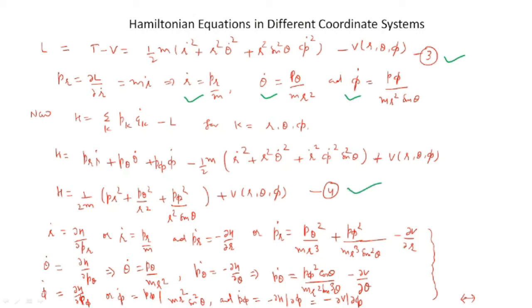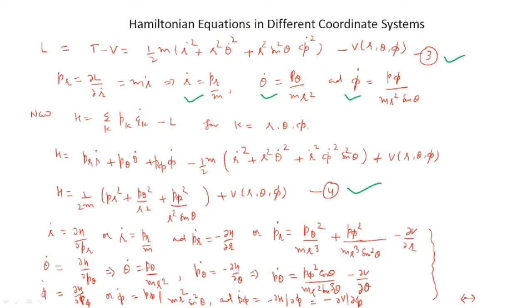Now we will find the Hamiltonian equations in spherical polar coordinates, and those will be ṙ is equal to ∂H over ∂pr. We know it. So here we can find ṙ will be equal to pr upon m, and ṗr will be equal to minus ∂H over ∂r, or we can write ṗr is equal to pθ² upon mr³ plus pφ² upon mr³ sin²θ minus ∂V over ∂r.